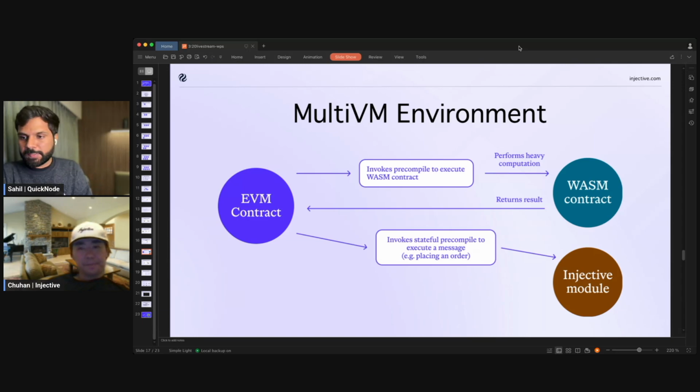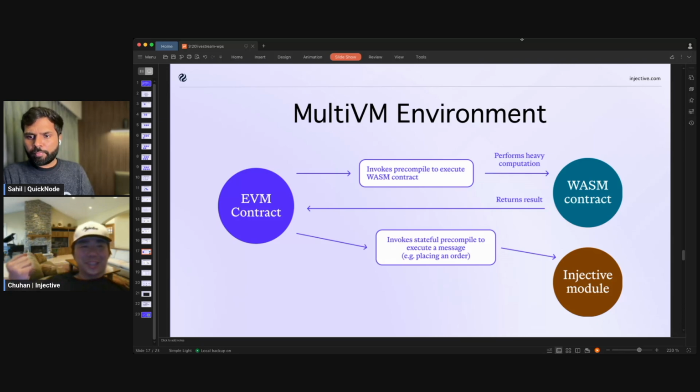Understood. But since it also supports the Wasm module, can I also write contracts in Rust, or does it still have to be in Solidity? You can just write Solidity. It can interact with the Wasm module, which means, for example, I have a counter in a Solidity contract, and then I have another contract written in Wasm that says when the Solidity counter reaches 100, I do something.